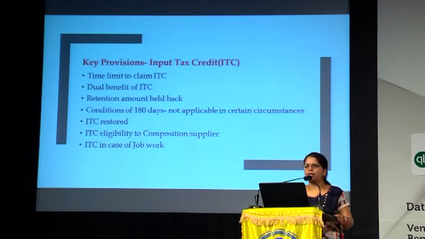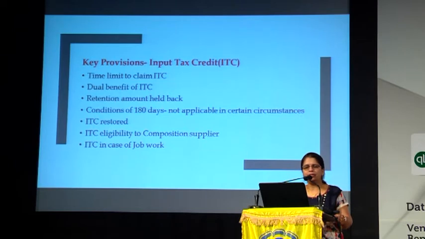As you all know, the annual return is still not effective till today, so we have only one option. What is that? The due date of filing your September return. The due date of the September return was actually October 20th, then later on they deferred it to October 25th, 2018.